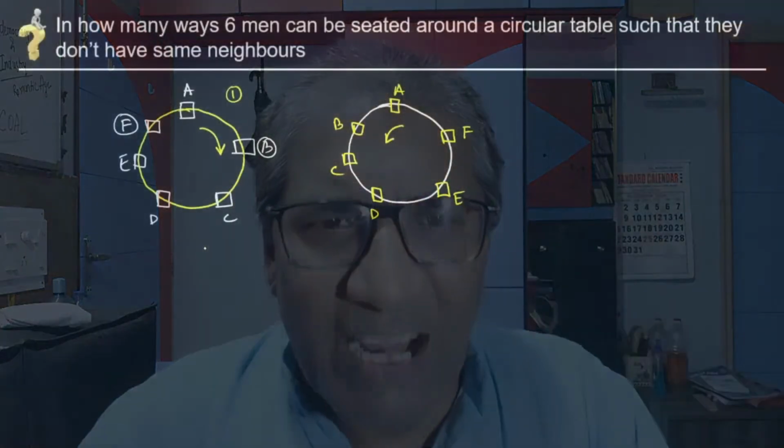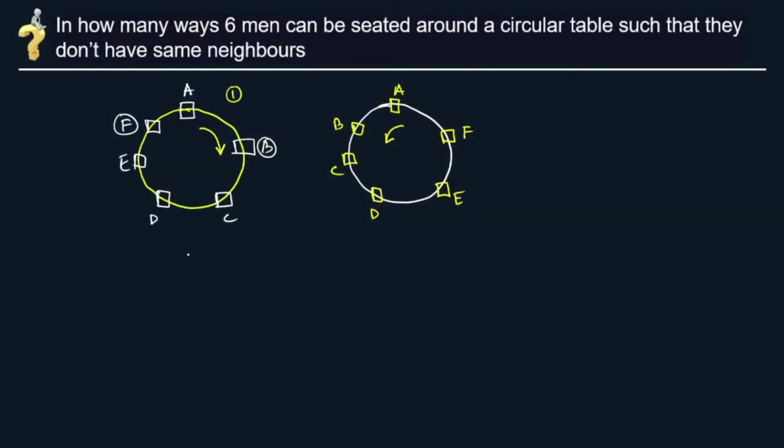So whenever it's a question of garland, or it's a question of necklace, or in the question if they tell you that they will not have the same neighbor, in all those cases, your clockwise and anti-clockwise arrangements will be same. Remember that. So the 6 men can sit around this table in how many different ways?